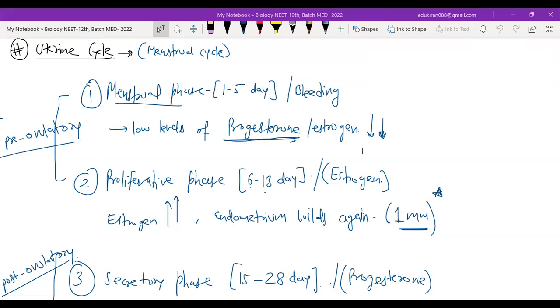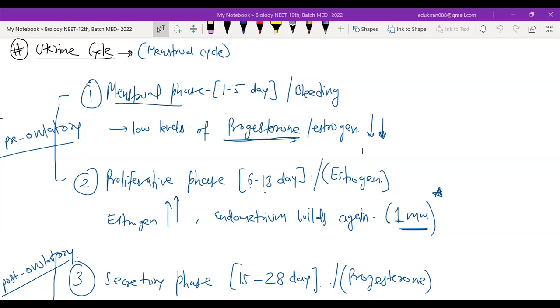Then the ovulation phase, in which the secondary oocyte is released. Then the third phase is the secretory phase.